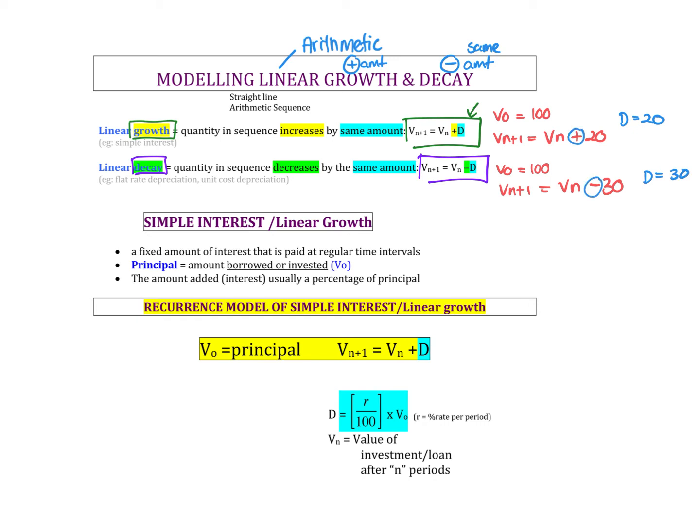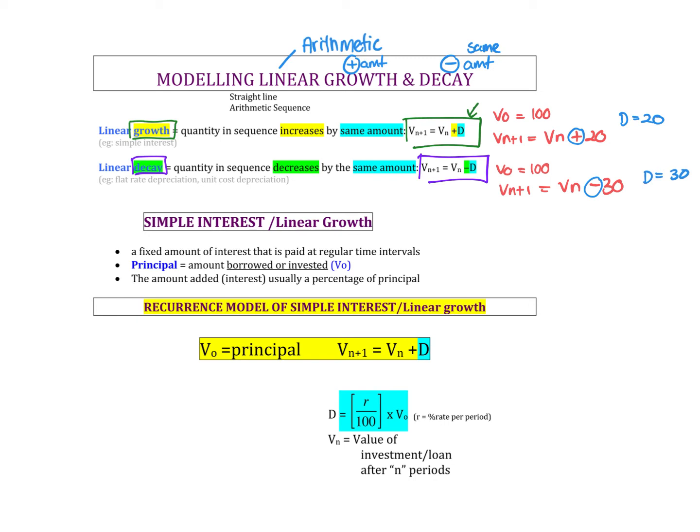So our first one we're going to model is the adding one. When we're adding the same amount, an example of that in real life is a simple interest scenario. Simple interest is when we calculate, say we have $100 and we say we're going to give you 20% interest, simple interest on that $100.